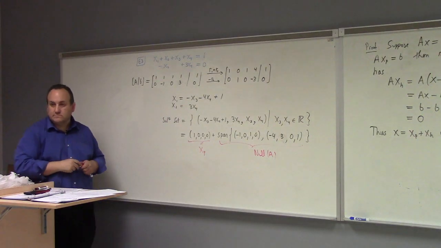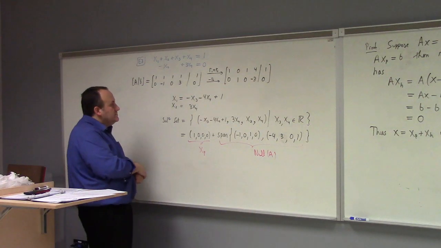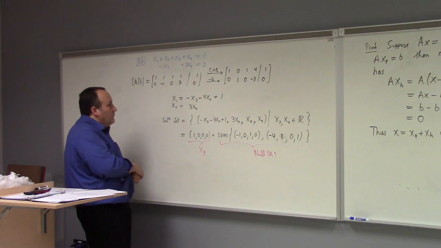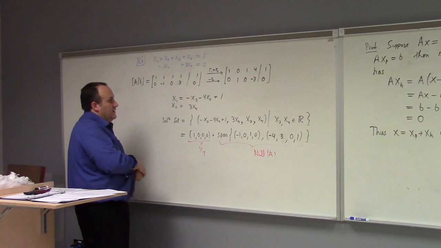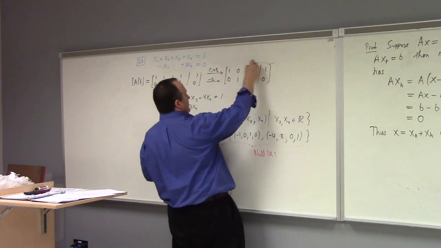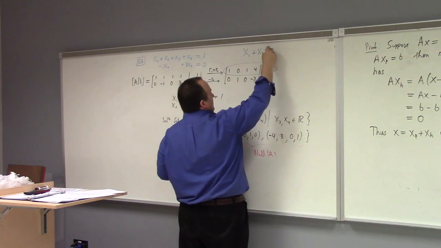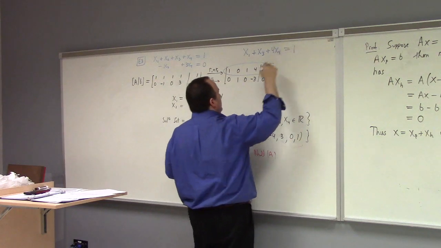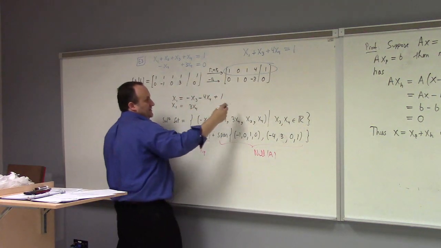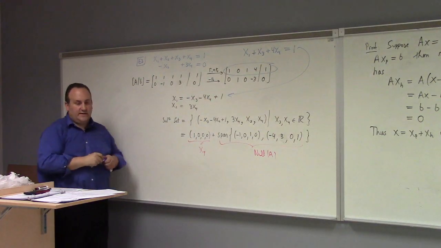Wouldn't it be negative x3 minus 4x4 minus 1? Nope. Because this row right here means that x1 plus x3 plus 4x4 is equal to 1. So I'm solving that for x1 to get to here. So it's the usual song and yeah, it's fine.